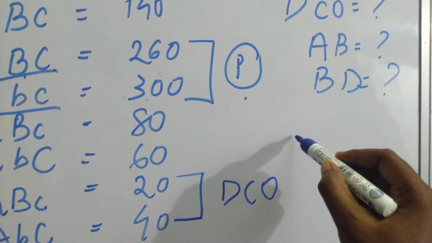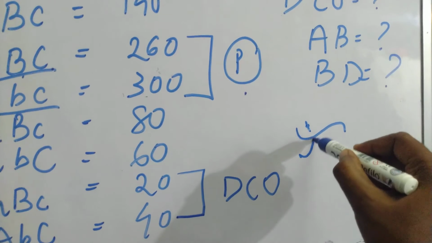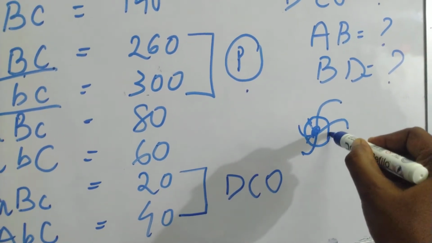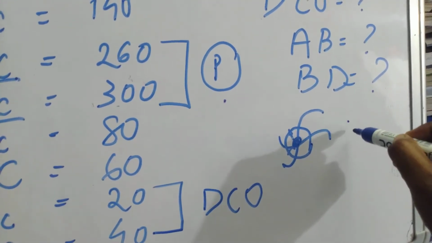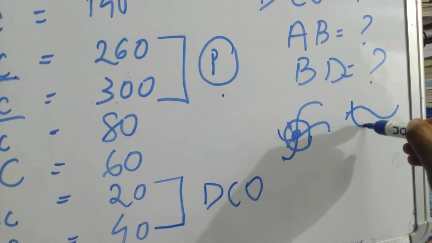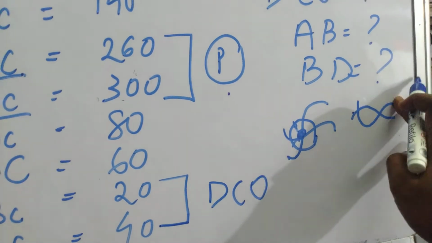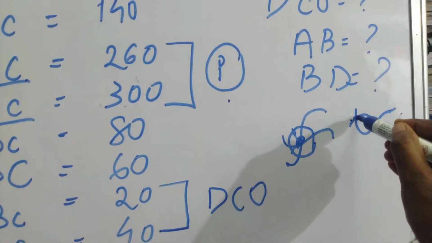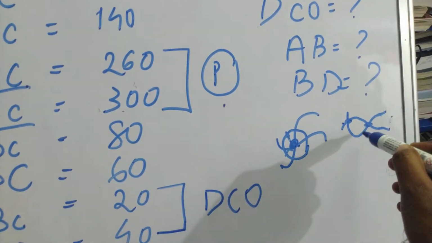Single crossing over means one chromosome is entangled one time, but double crossing over means two times.